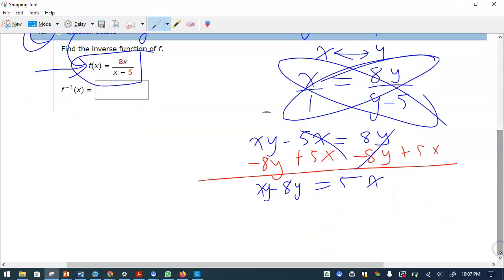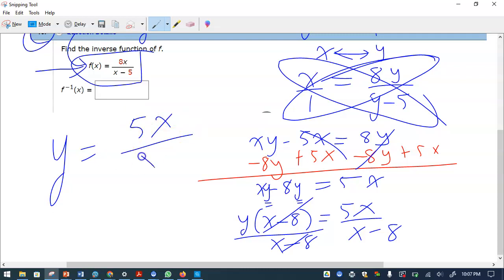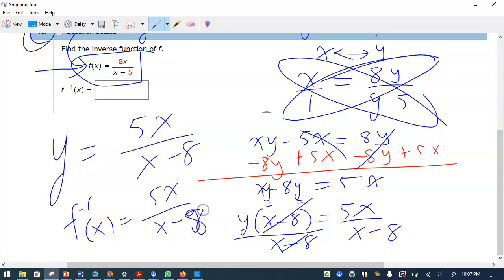And then you can see there's a y which multiplies, so we can pull out y outside and write x minus 8 using the undo distributive property, and then you divide by x minus 8 and you get the answer. So this will cross out and y is 5x upon x minus 8. In other words, the inverse function is 5x over x minus 8. And you are done. So you need to show these steps, they are important.